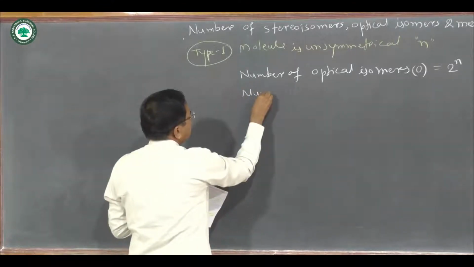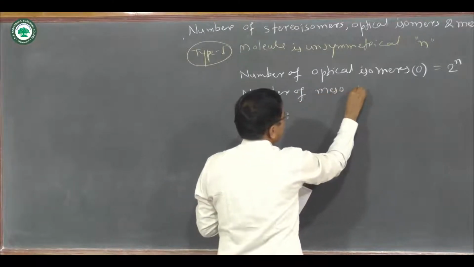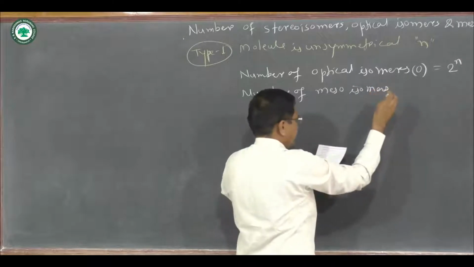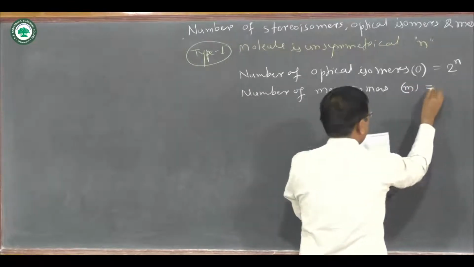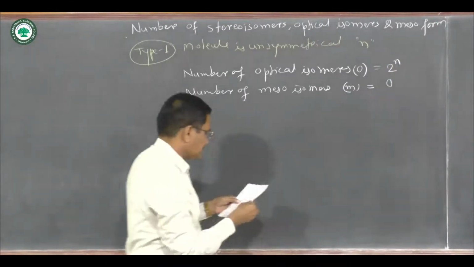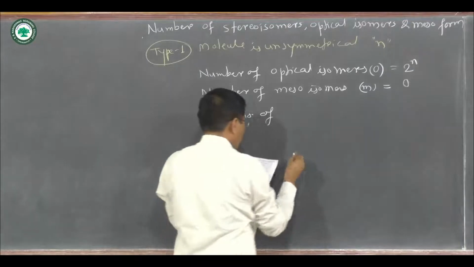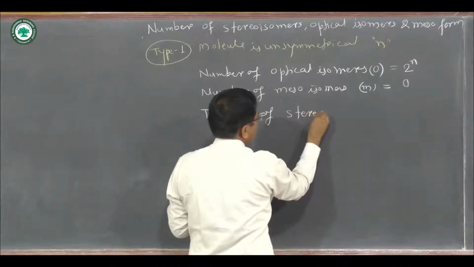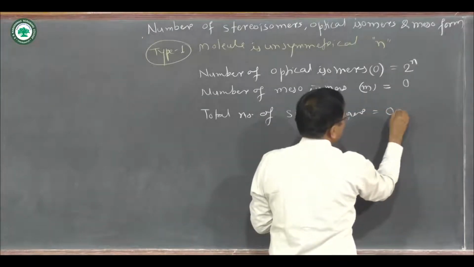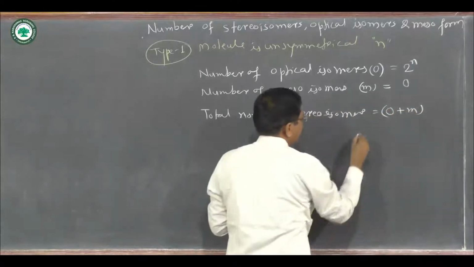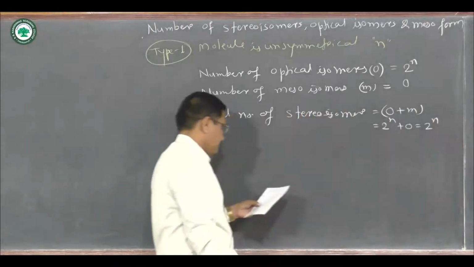So the formula for the number of optical isomers, denoted as O, is 2 to the power n, where n is the number of chiral centers. The number of meso isomers, denoted as small m, is 0. And the total number of stereoisomers equals O plus m, that is 2 to the power n plus 0, equals 2 to the power n.